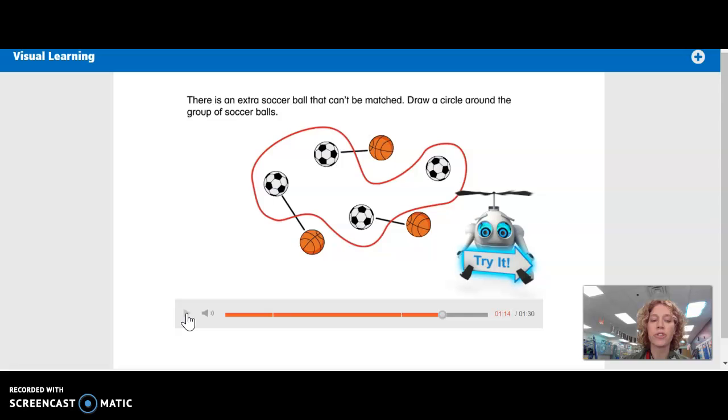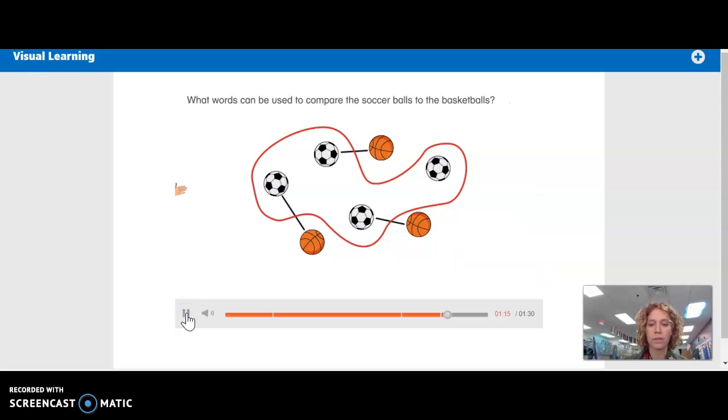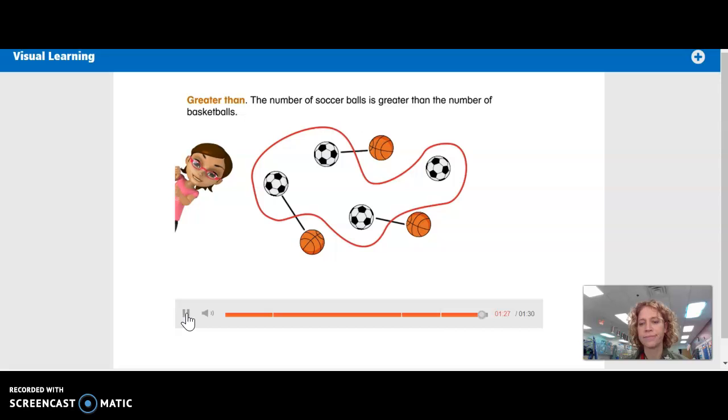We drew a circle around the soccer balls because they're the balls that have a greater amount. There are more of them. What words can be used to compare the soccer balls to the basketballs? Greater than. The number of soccer balls is greater than the number of basketballs. So greater than means more of.